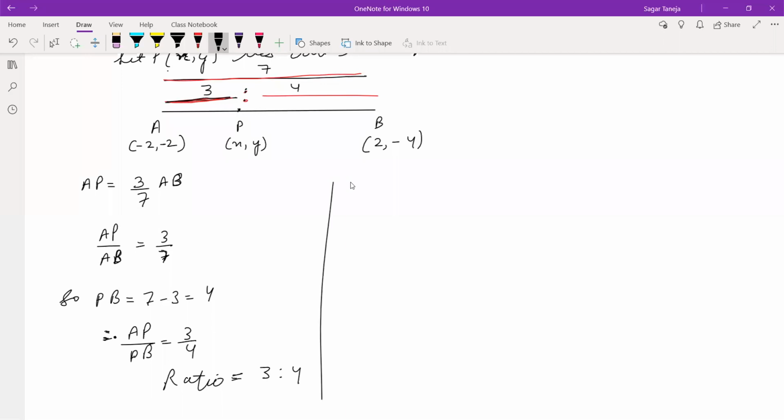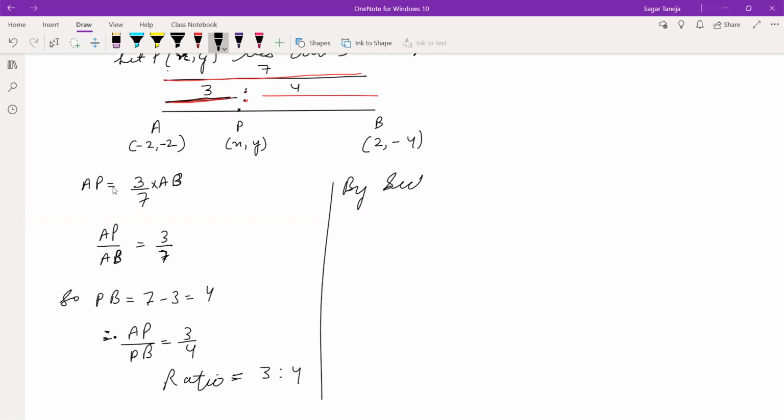Section formula. It can be 7 AP is equal to 3 AB, but how will it make sense? Just bring this AB this side, then only you will be able to know what the ratio is. Ankur, it isn't multiplication, no?